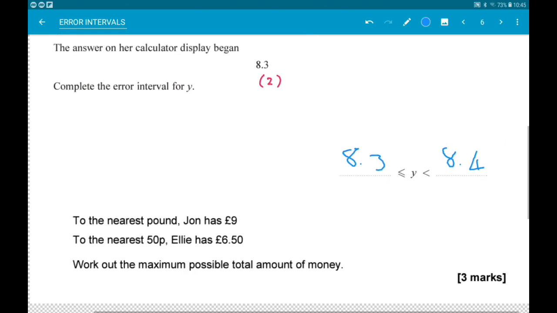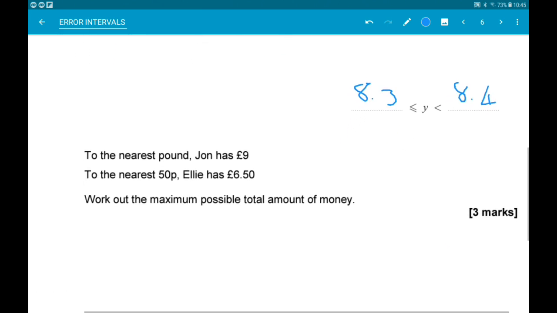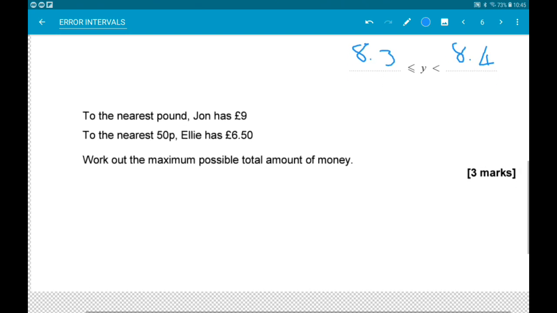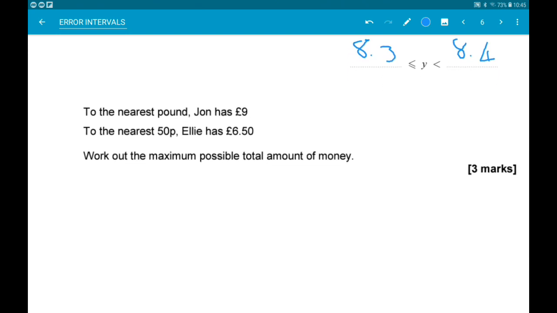Okay then, next up, slightly different here. To the nearest pound, John has £9. To the nearest 50p, Ellie has £6.50. We are asked to work out the maximum possible total amount of money. So, because we're doing error intervals, let's do the error intervals for each of them.